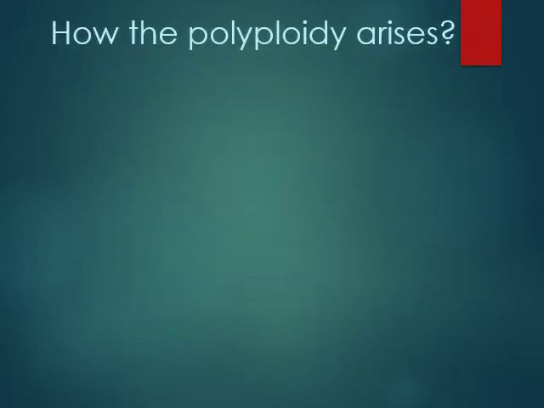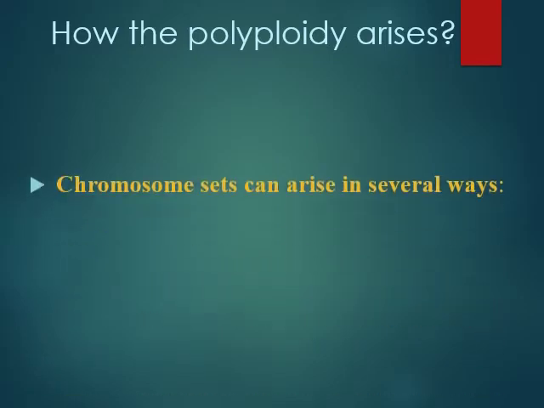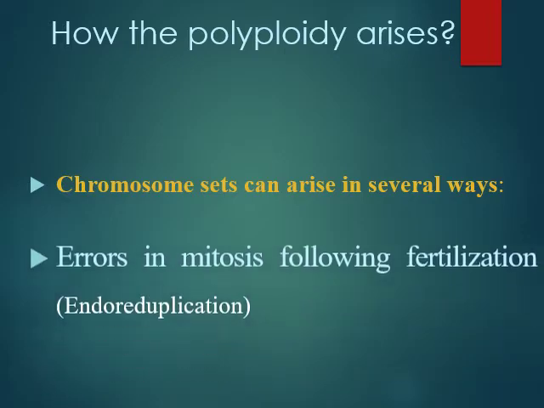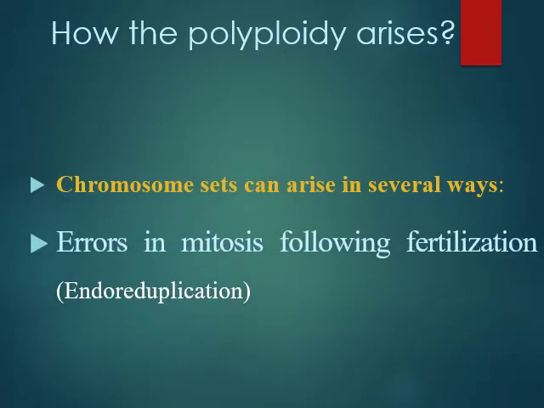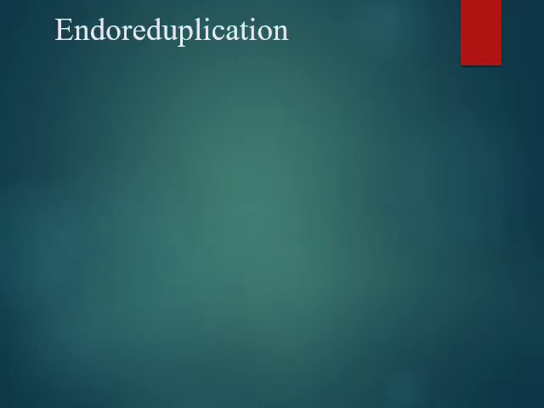How does polyploidy arise? The extra chromosome sets can arise in several ways. First, an error in mitosis following fertilization, called endoreduplication. What is the meaning of endoreduplication?